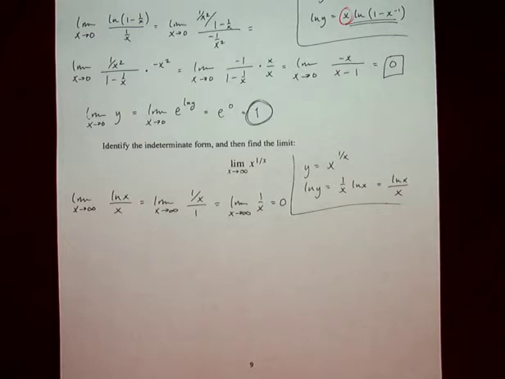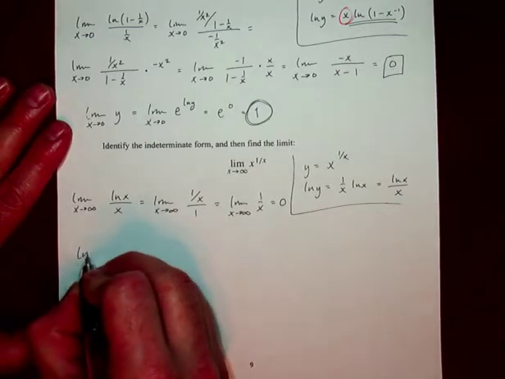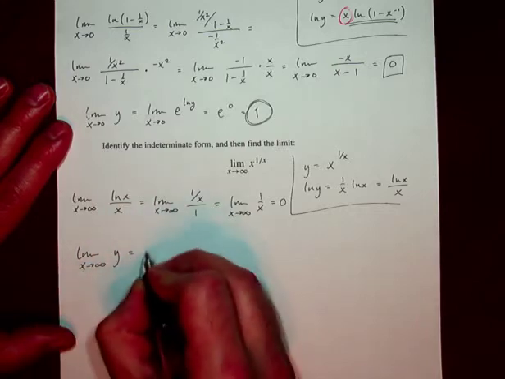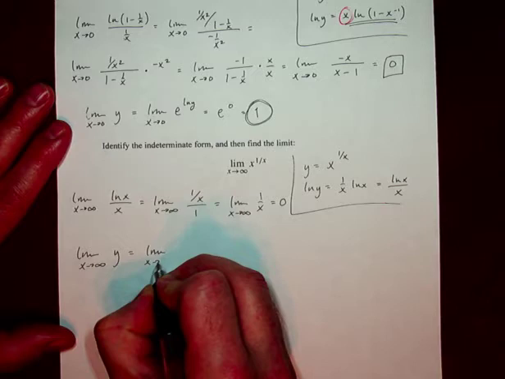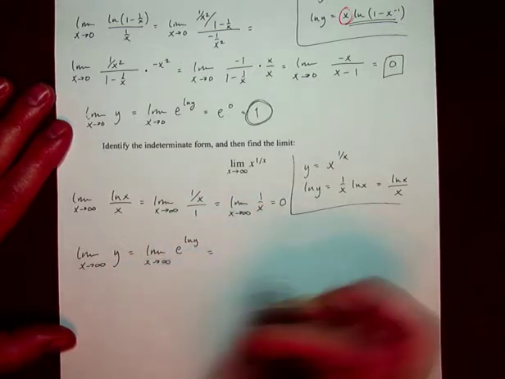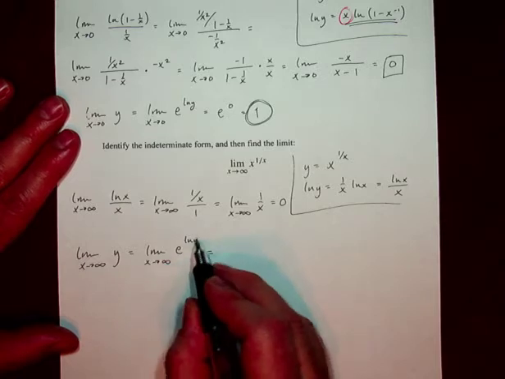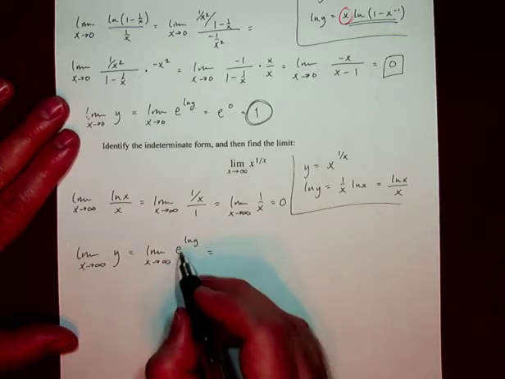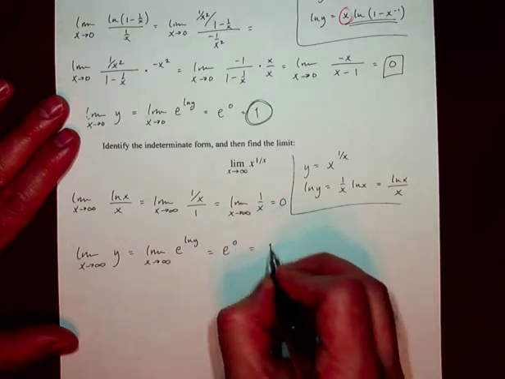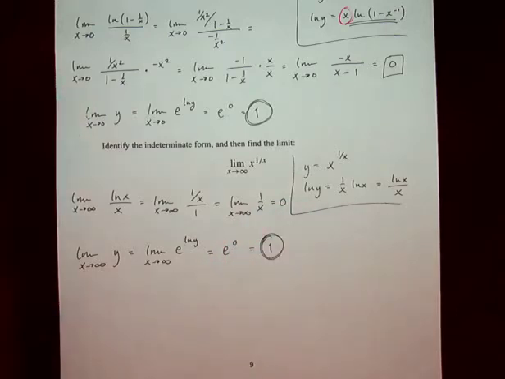Okay, well if the limit of natural log y is 0, the limit as x approaches infinity of y, we know that that is the limit as x approaches infinity of e to the natural log y, and if as x goes to infinity, natural log y goes to 0, then e to the natural log y goes to e to the 0, and again, we get that wonderfully boring answer of 1.